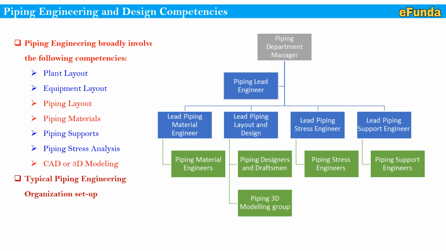Further below, the support comes from various types of engineers and a draftsman team, that is piping material engineers, piping designer and draftsman, piping 3D modeling group for layout and design, piping stress engineer for stress engineering, then piping support engineering under the piping support engineering section. This is how piping engineering is categorically divided.